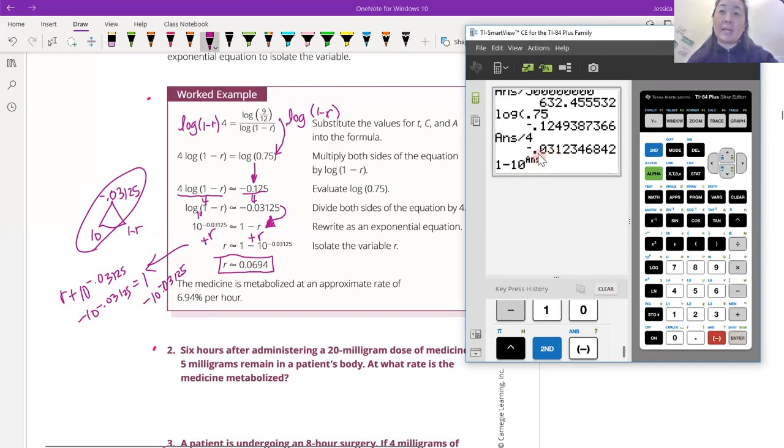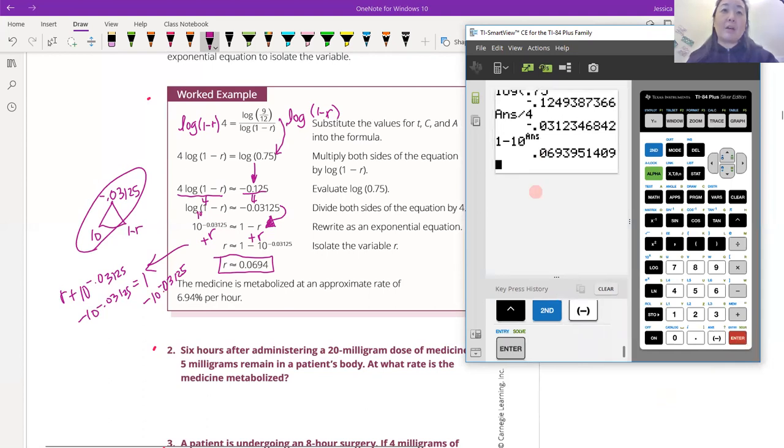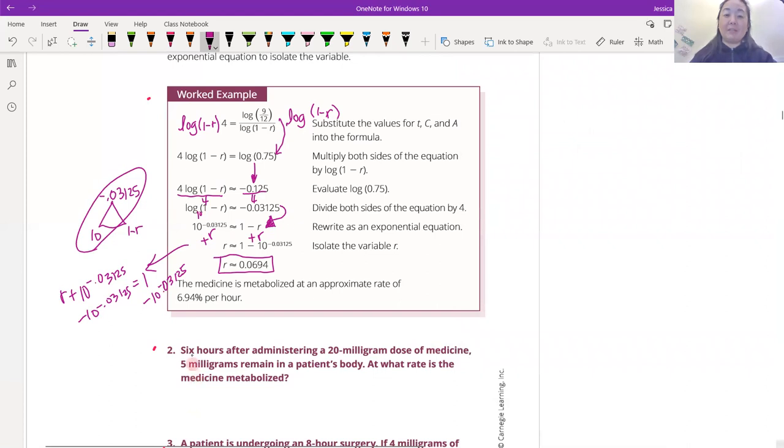So the ANS represents this previous number, not 2 times ago or 3 times ago. It's just the most recent one. And we put answer, and there we go. And if you notice, 0.0694. There we go. Rounded at the end. It's a better way to go. I mean, wouldn't you want your doctor to round that at the end instead of in the middle?